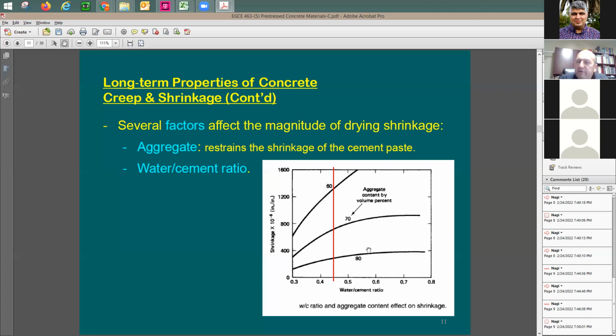Another thing here is going to be the aggregate type. The rock itself is going to be different when you take it from one spot to another. It depends on the supplier. Because we said that the aggregate itself, it's true, is resistant to the shrinkage process, but you need to understand also that some aggregate is also going to shrink.